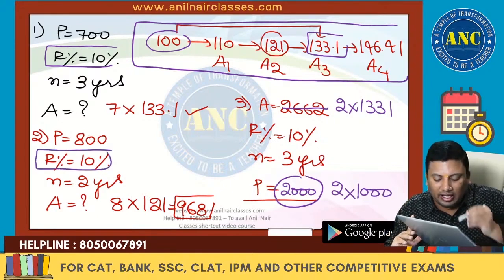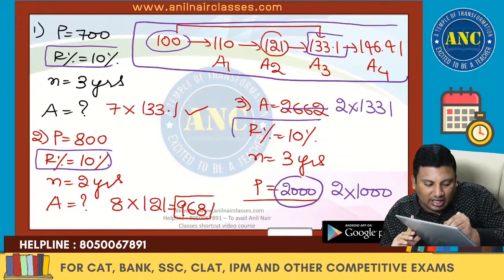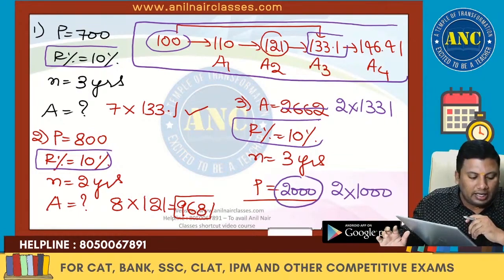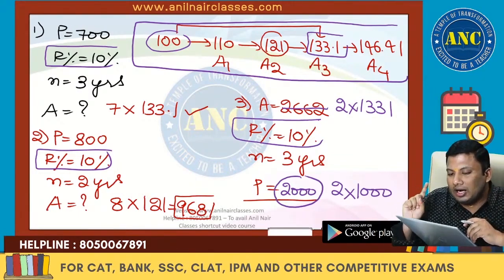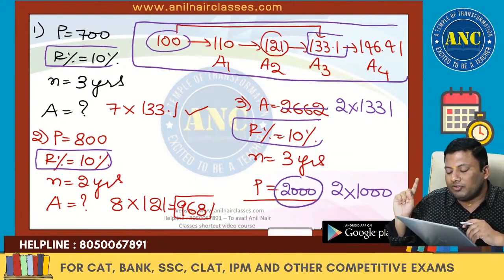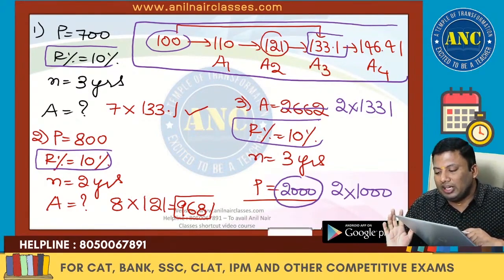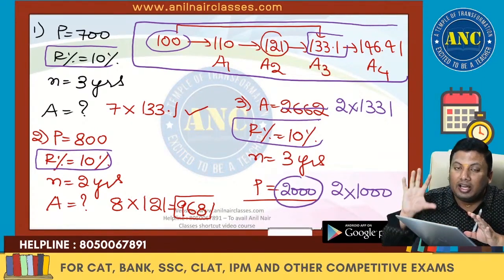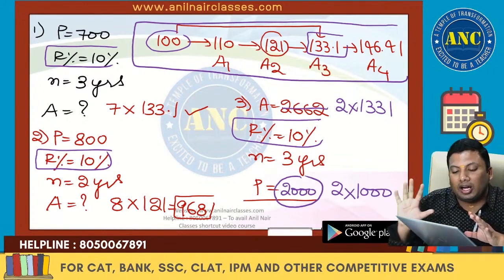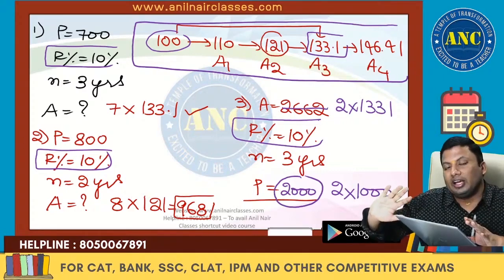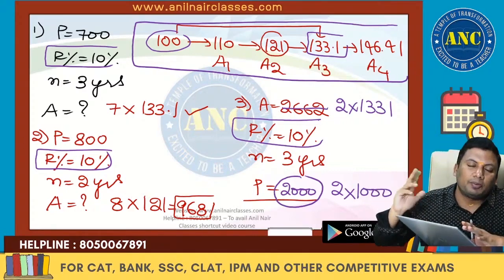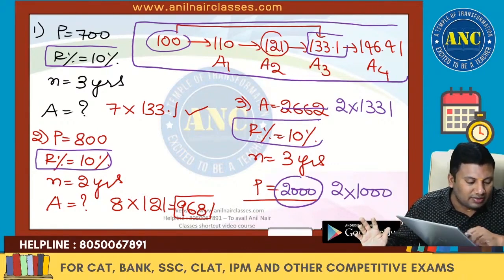This is nothing but an extension of Pascal's triangle. I will not use that particular word. Anything of this pattern, immediately it should strike you. R is 10%, and if amount is triple, principal is tripled. Principal is 5 times, amount also is 5 times.